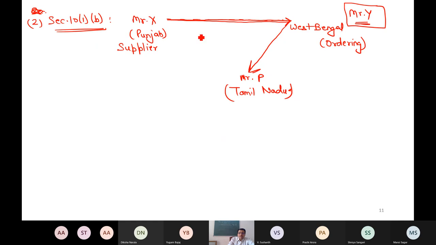To save my transportation, because transportation cost will increase over this distance. So I am saying directly to this person to supply the goods to Mr. P. You can see a huge transportation cost will be saved. And this is the normal thing in any business.